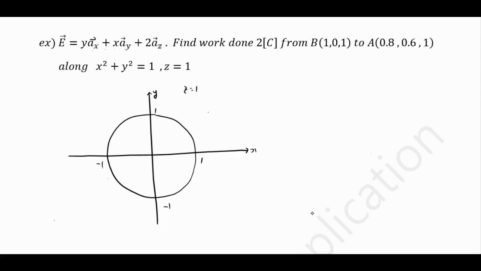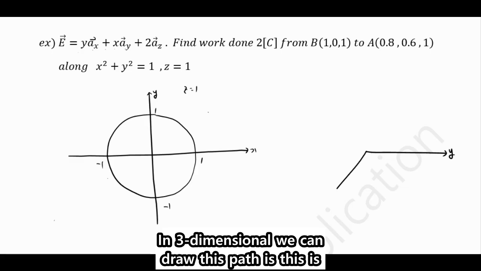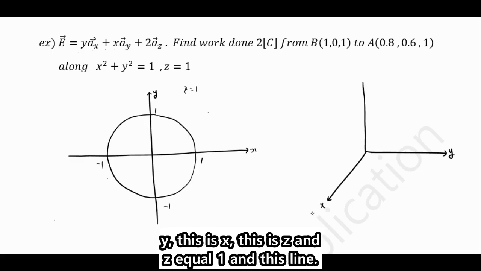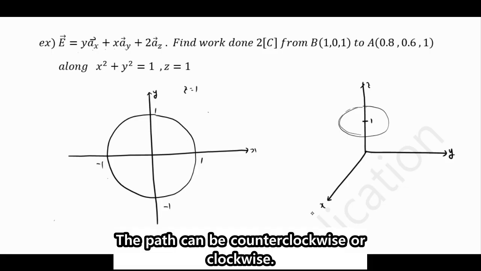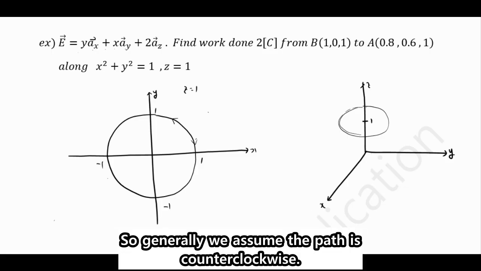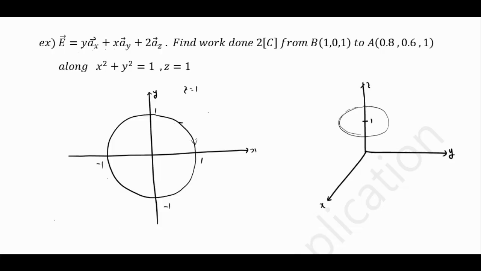In 3-dimensional space, we can draw this path. This is y, this is x, this is z, and z equals 1, and this line is the path. The path can be counterclockwise or clockwise. Generally we assume the path is counterclockwise.